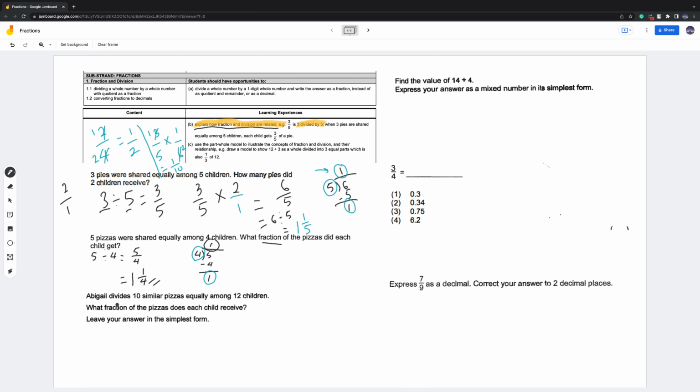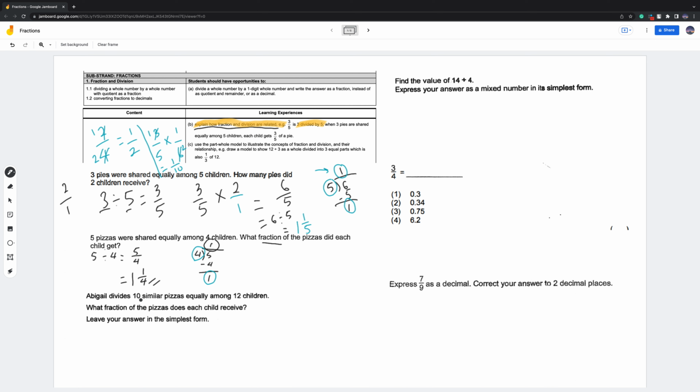Next question. Same type of question again. Abigail divides 10 similar pizzas equally among 12 children. So here we have, this time around, less pizza than children. This is where a lot of students are going to make that mistake that I mentioned just now. They will take 12 divided by 10. But remember, what is that thing that you are dividing?